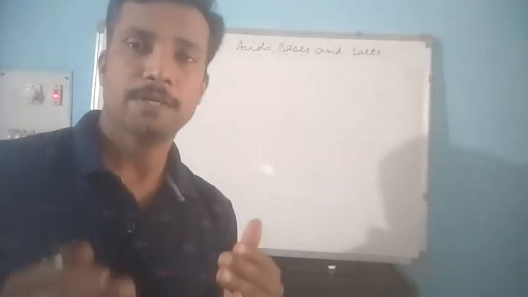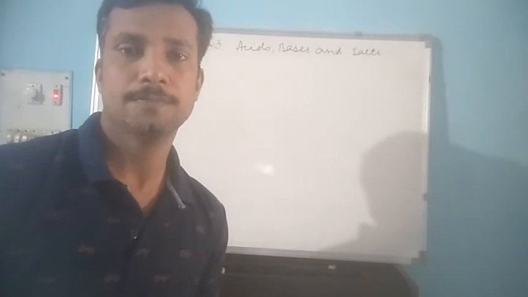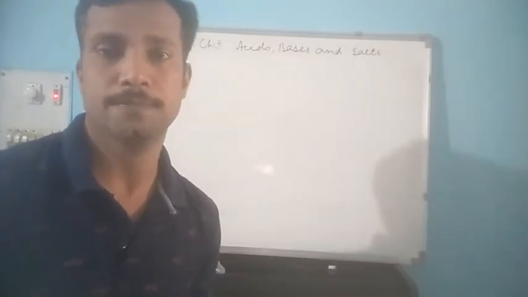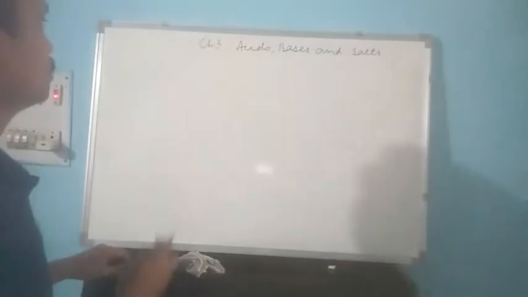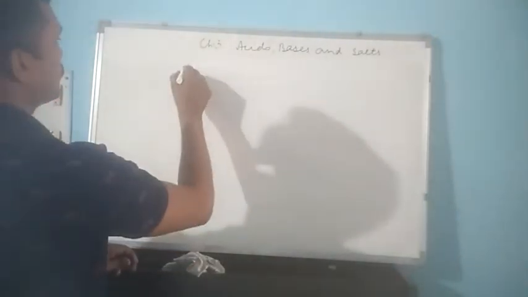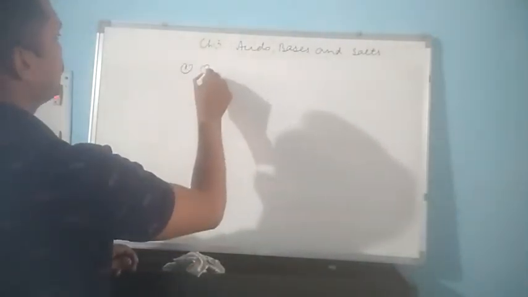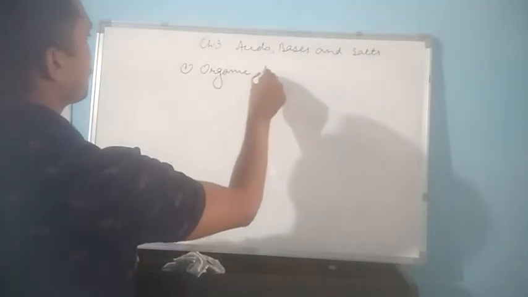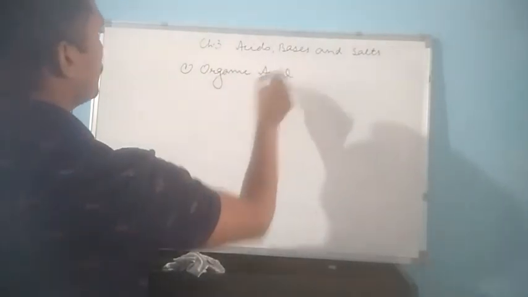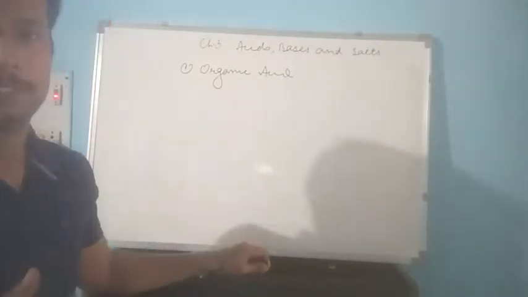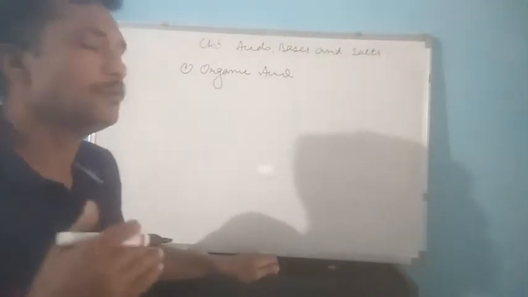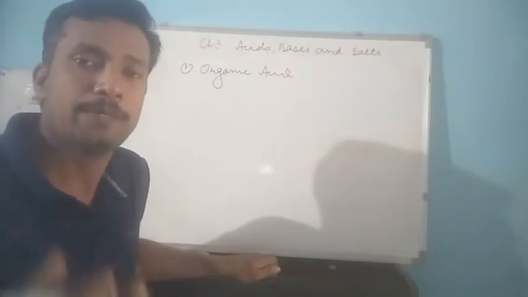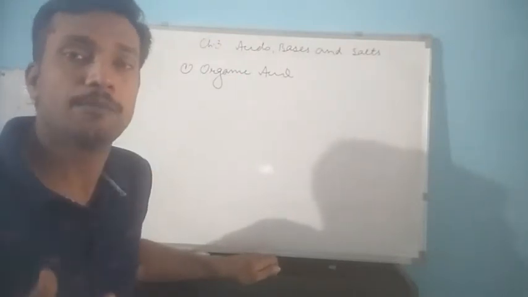So next will be the classification of acids, and the first classification is on the basis of their sources. On the basis of the source, acids can be organic acids and inorganic acids. We are first going to deal with organic acids. These are acids which are usually obtained from plants.